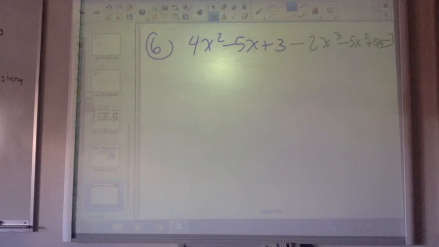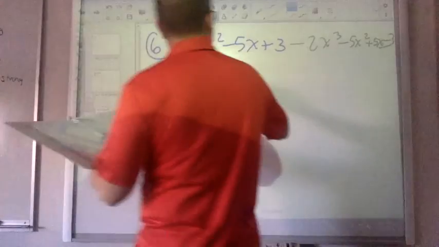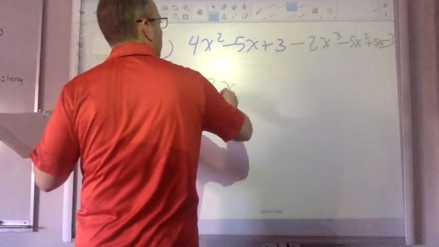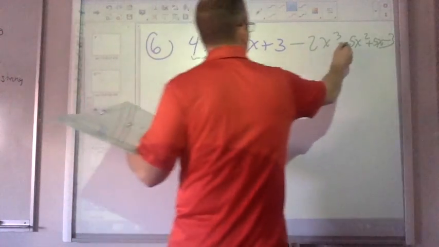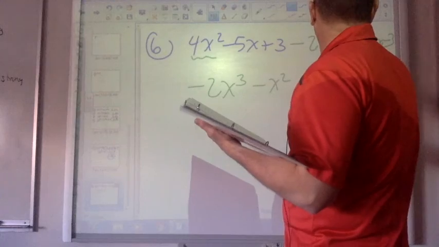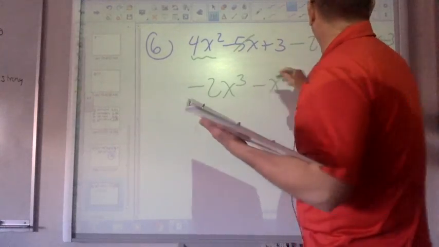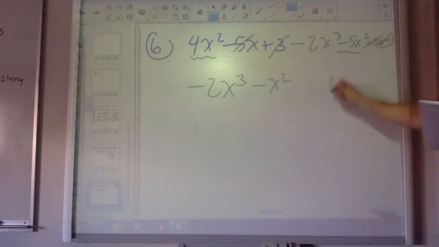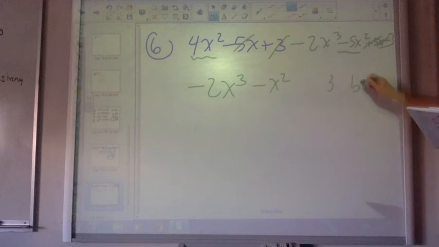But the green, we distributed the negative over. So all the signs had to change on those. Then I can go ahead and combine all like terms. So negative 2x to the third. And then that can combine with that. So that gives me negative x squared. That actually cancels that. And those cancel. So this is a third degree binomial. Is that all right?